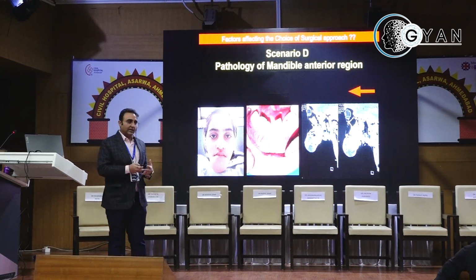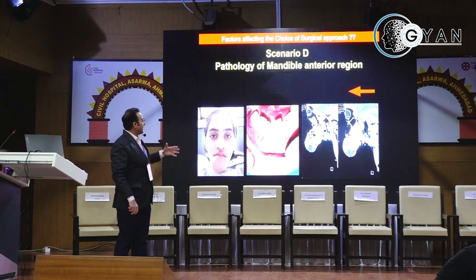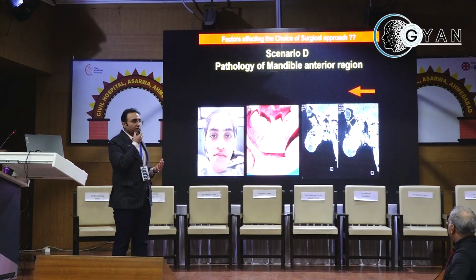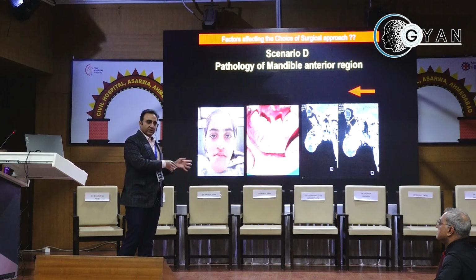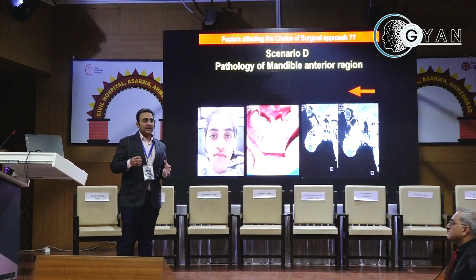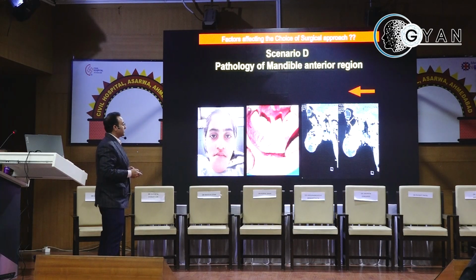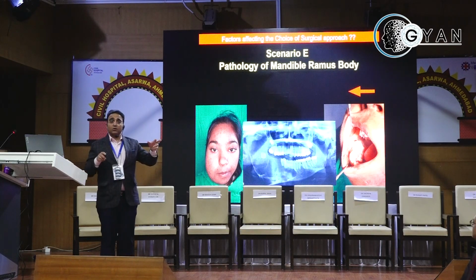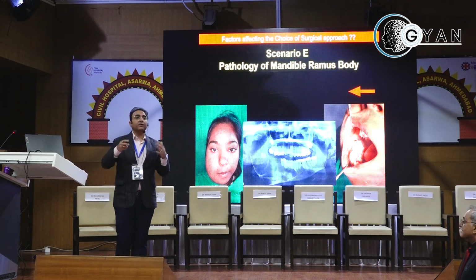Definitely we can do it intraorally as well as extraorally, but thinking about the reconstruction of the anterior part of the mandible, we should always plan these kinds of tumors for resection through the extraoral incision, and that too the submental incision, which Dr. Richa has already shown in her presentation. Again, as Dr. Sonal has mentioned, incisions are the same, but we have different scenarios.